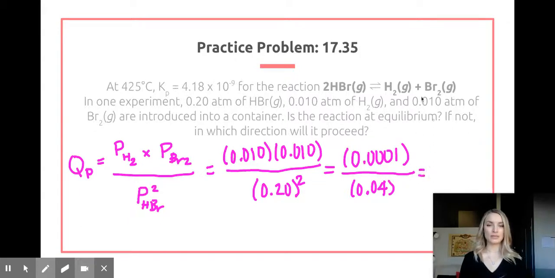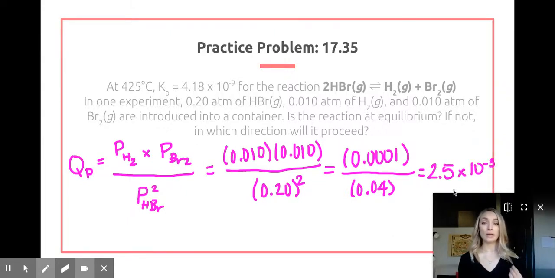When we simplify that one step further, we end up with 2.5 times 10 to the negative third. So we now have our reaction quotient at this particular moment, at the initial outset of the reaction.